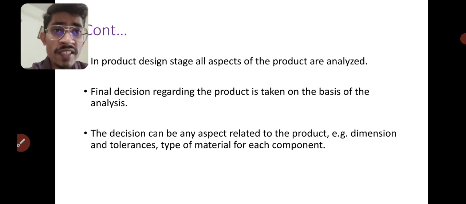So in the product design stage, all aspects of the product are analyzed. Definitely you need to consider all aspects of your final product. The final decision regarding the product is taken on the basis of analysis.